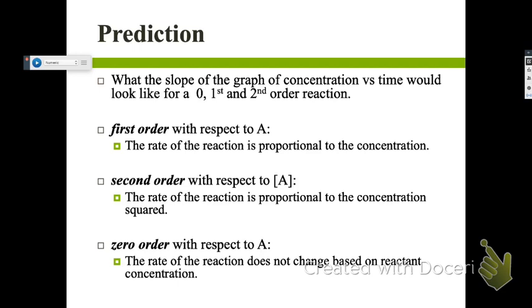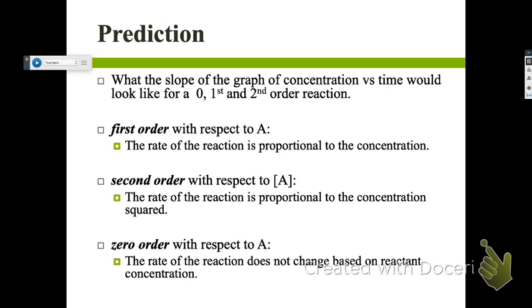First and second order concentration versus time graphs look fairly similar. What's the big difference between them? Well, both of them have the same sign of slope. I saw a lot of people trying to say negative, positive slope. I want you to forget about that completely.